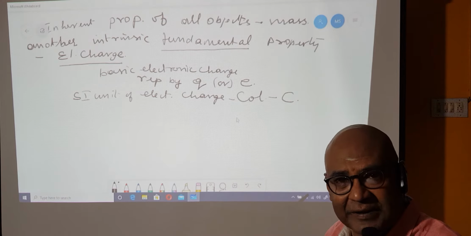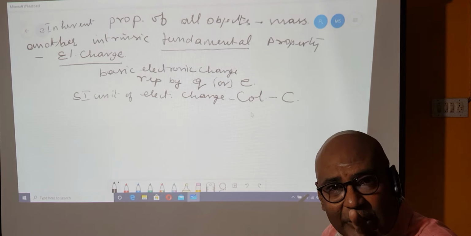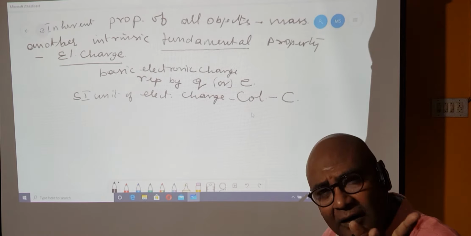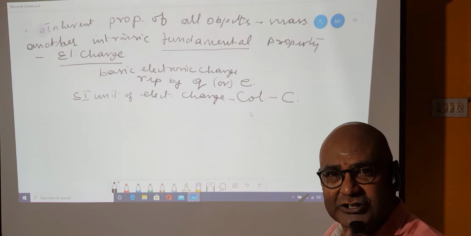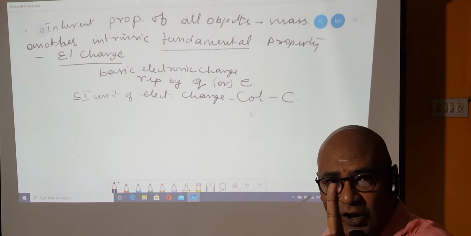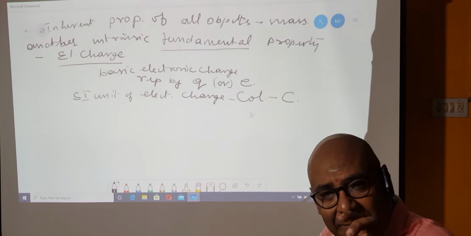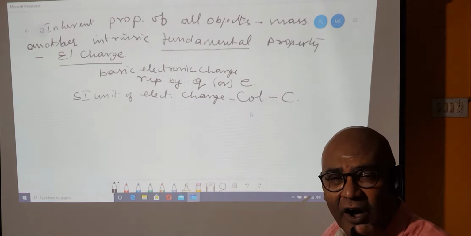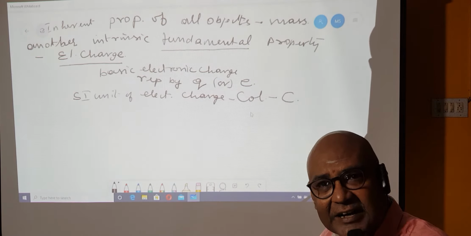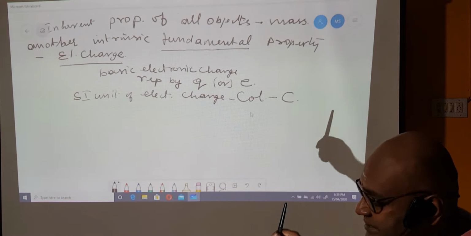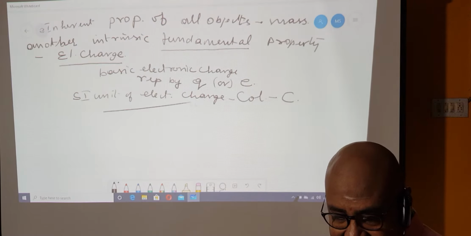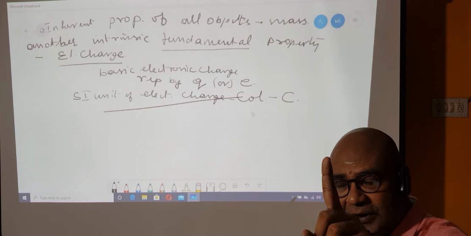Generally, it is represented by the letter small q, or we can say e. It is called the basic electronic charge, the charge of one electron. The SI unit of this charge is the coulomb, represented by the letter C. This is considered to be the first property.